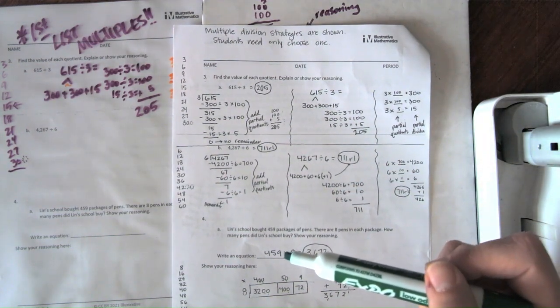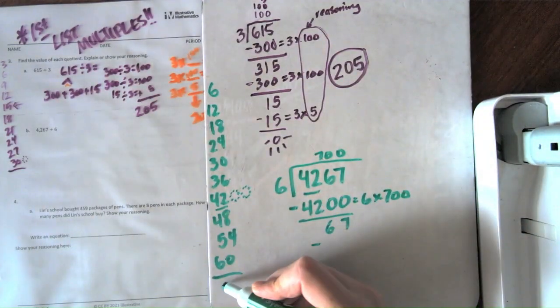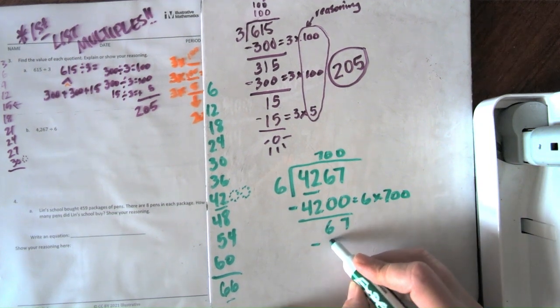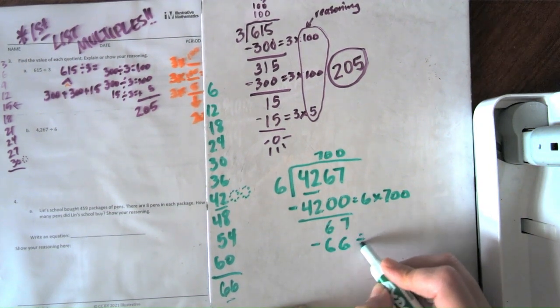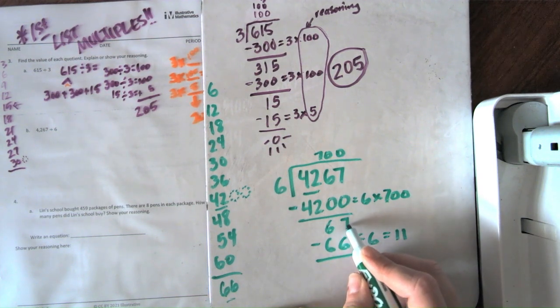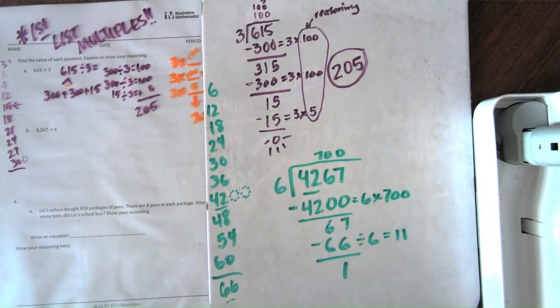I could do that, or I could just add another 66 because I want to get as close as I can without going over. So if I added another 6 here and got 66, 66 divided by 6 equals 11. And if I take 67 minus 66, that gets me 1. So that's another way that you could do it. Or you could do it like in the study guide.